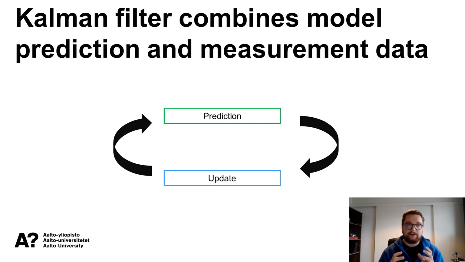In the prediction step, you're using the vehicle model that you have, and in the update step, you are taking the measurement, and you combine these to get the best estimate you can for the vehicle state.